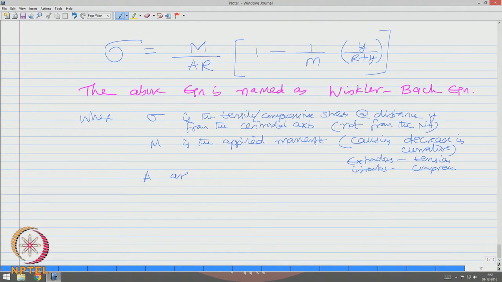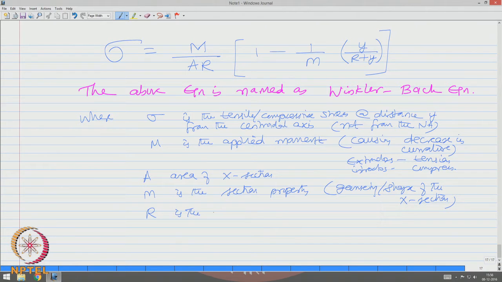A is the area of cross section, small m is the sectional property, depends on geometry, shape of the cross section, and r is the radius of curvature of the unstressed curved beam.